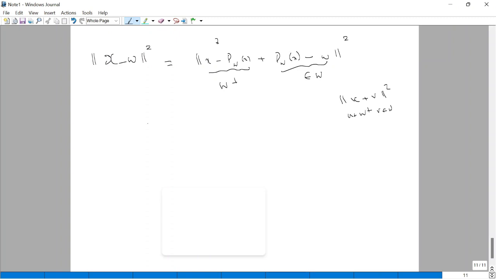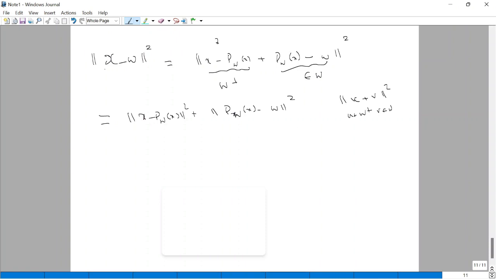So the Pythagoras theorem tells me this is nothing other than the norm of x minus PW of x whole squared plus the norm of PW of x minus w whole squared. Now what do you get?